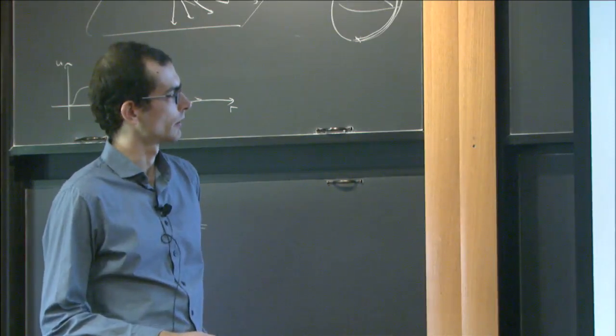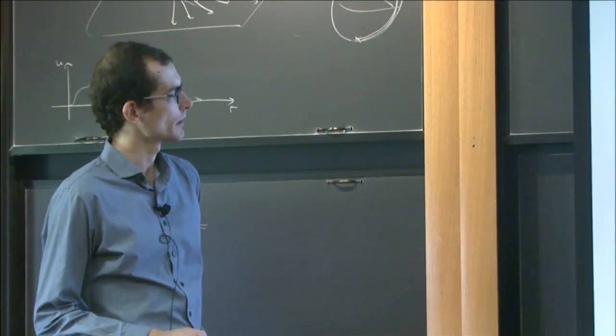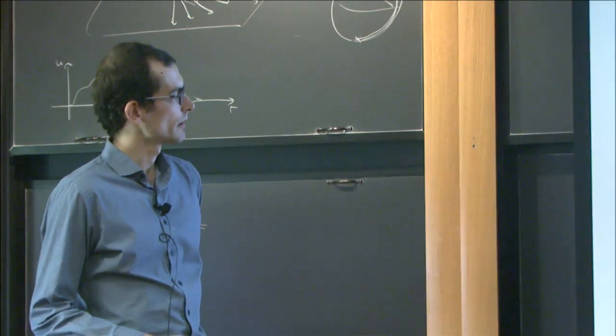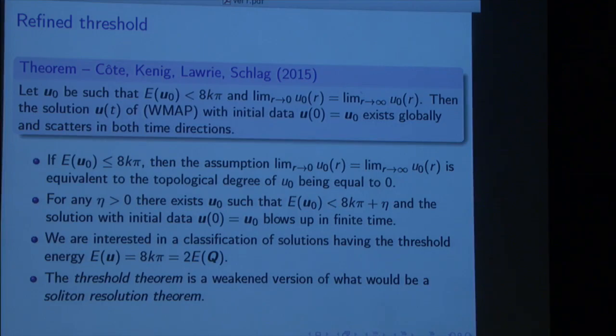it here. So this result is in some sense optimal, because there exist solutions which have energy bigger than 8kπ, but as close to 8kπ as we want, and which do not scatter because they blow up. The reason for this is that there are solutions which have topological degree k and energy slightly larger than 4kπ, which blow up.